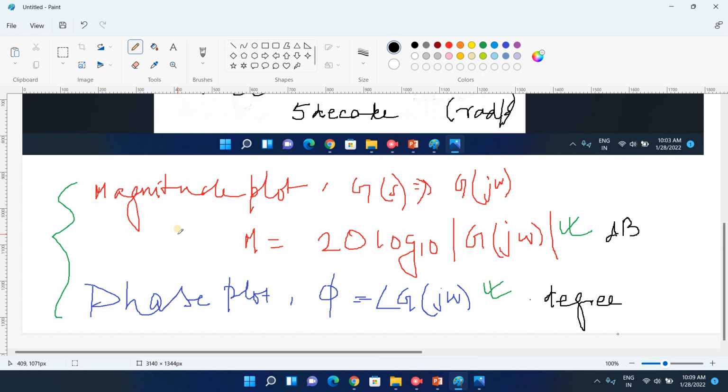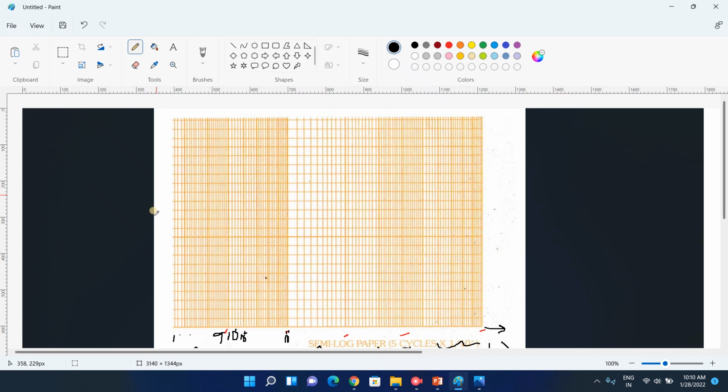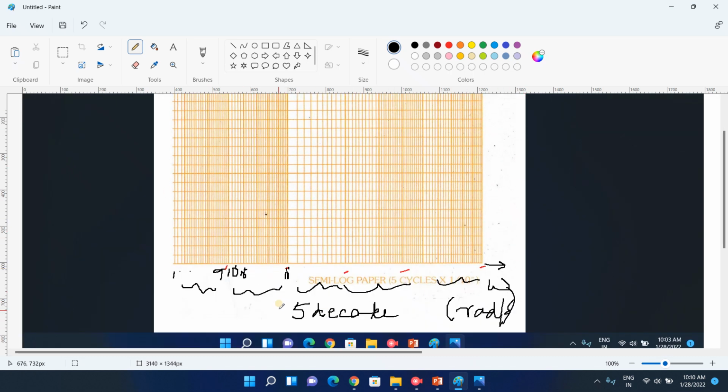So first of all, you have to remember that whenever you have a transfer function, you represent the S domain into j omega, write the equation, and then simplify it as 1 plus j omega T. You form that first, then you start the Bode plot. For starting the Bode plot, you need a semi-log paper like this with 5 cycles, that means 5 decades.